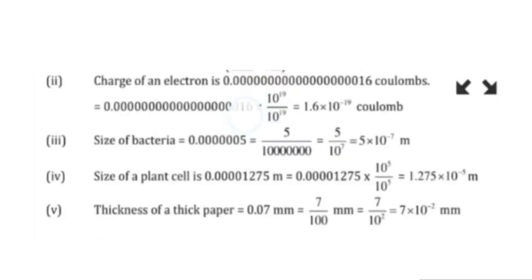Number 2, the charge of an electron is 0.000 and 18 zeros 16. So this we can write as 1.6 into 10 raised to minus 19. Number 3, size of a bacteria is 0.00000 5. Now 6 zeros and 5. So the answer will come 0.5 into 10 raised to minus 6.